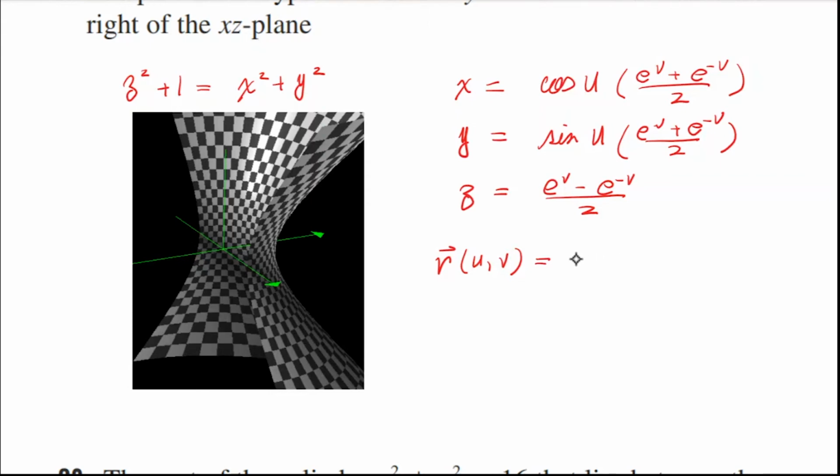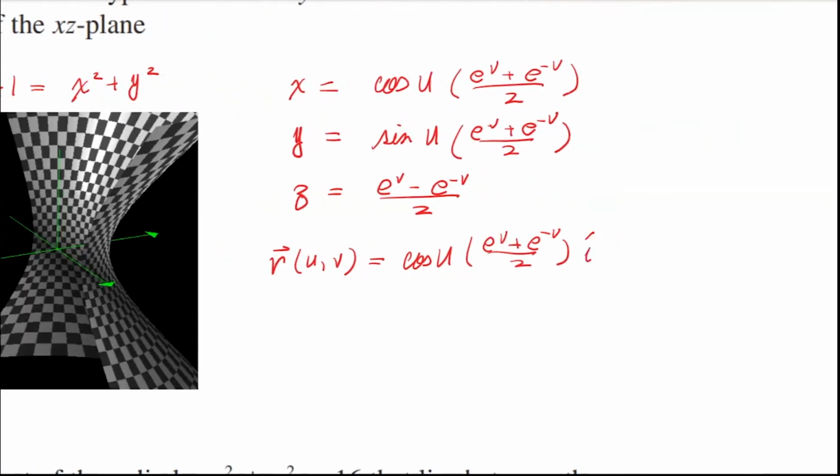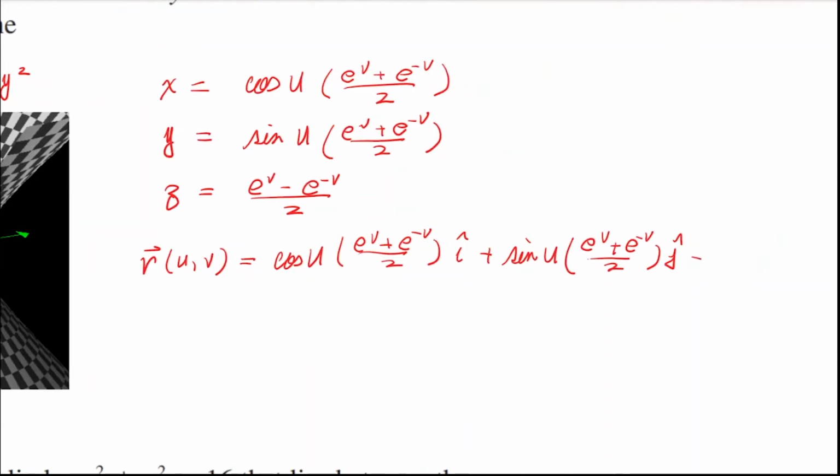Cosine u times (e to the v plus e to the negative v) over 2 with the i vector, and plus sine u times (e to the v plus e to the negative v) over 2 j vector, and finally plus (e to the v minus e to the negative v) over 2 k vector.